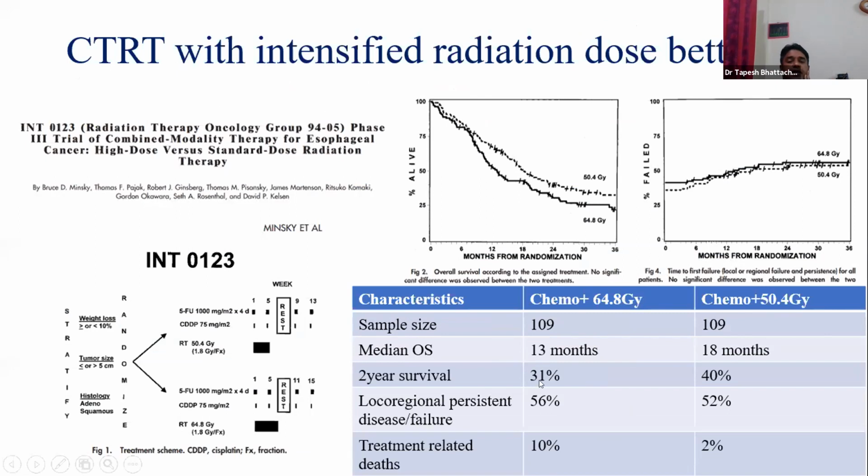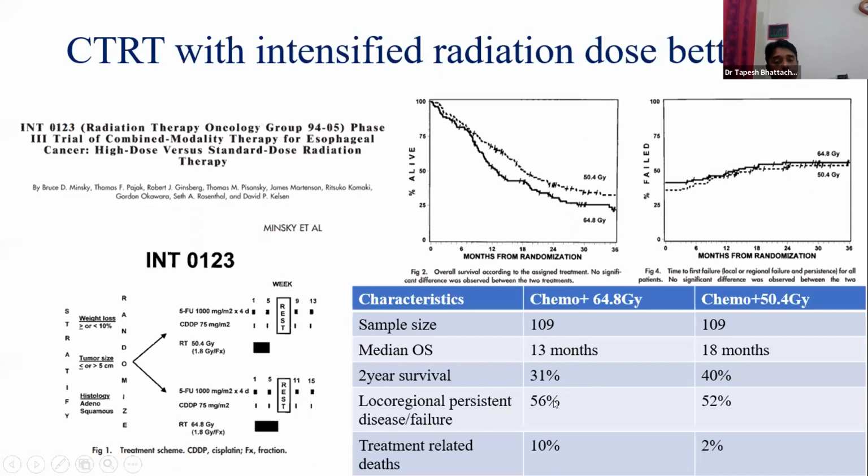So what happened? Two-year survival was 31% versus 40% with the lower dose of radiation. Median overall survival was also less with intensified radiation, 13 months versus 18 months, and loco-regional persistence or failure was almost similar, 56 and 52.